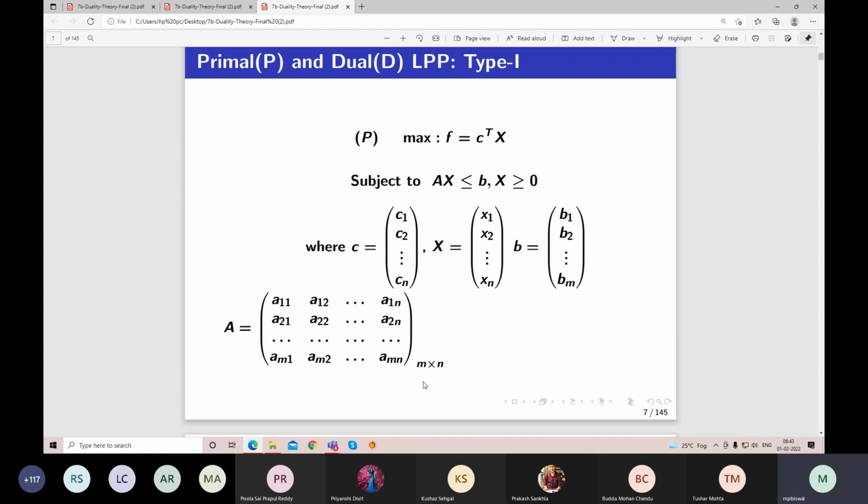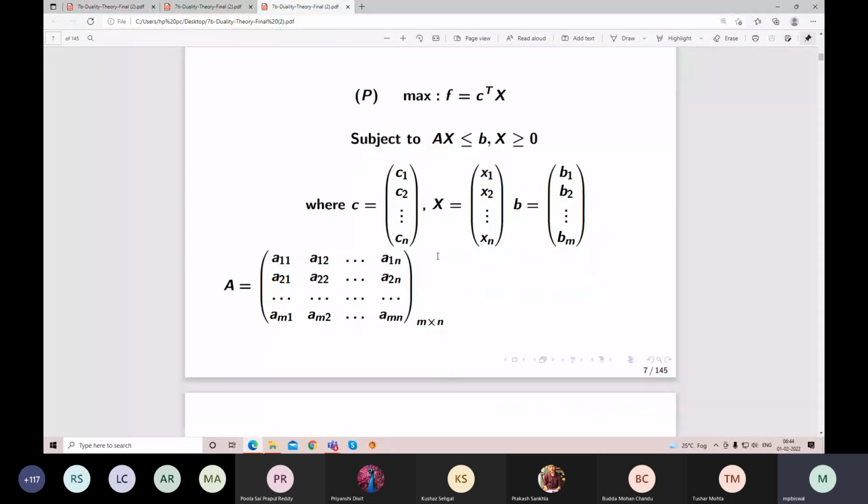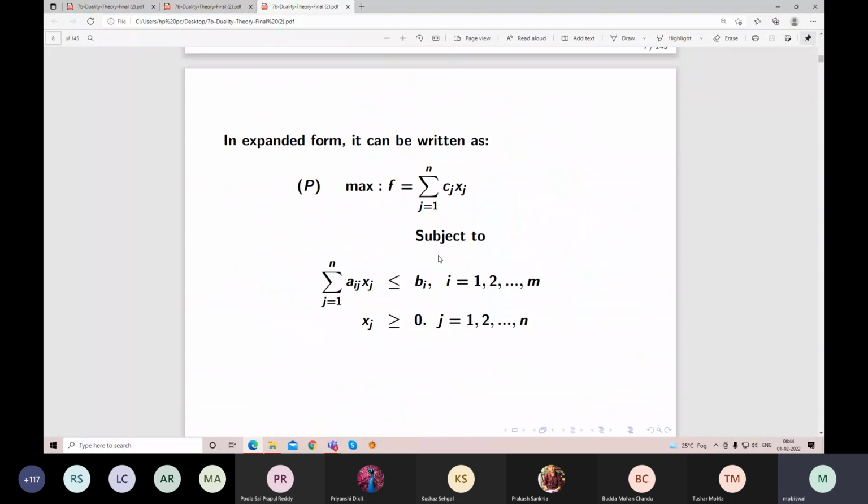Why symmetric? The primal variable x is non-negative and the dual variable is non-negative. In models 2, 3 and 4 they are different. So they are non-symmetric models and the first model is the symmetric model.